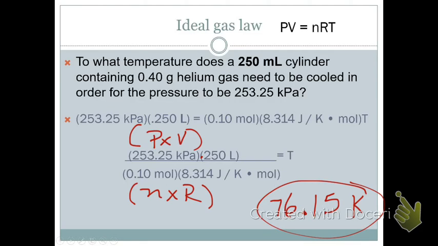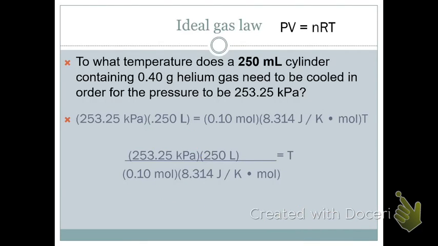So let's see if they've got this right, if they made allowances for that 0.25 that they didn't have. 76.15 K. All right. If I wanted that to be changed into degrees Celsius, I would subtract 273, which would give me a negative 96.8 degrees Celsius.